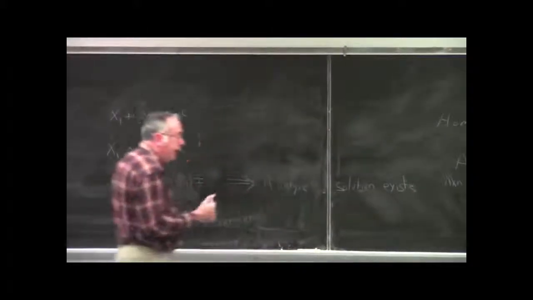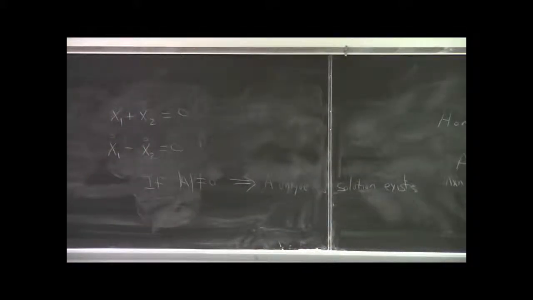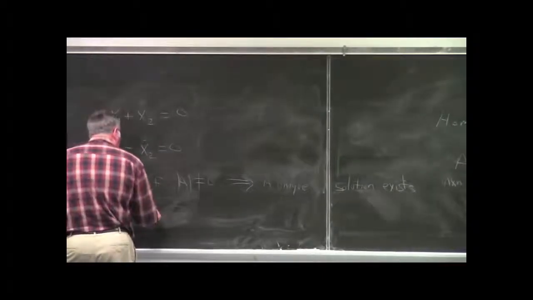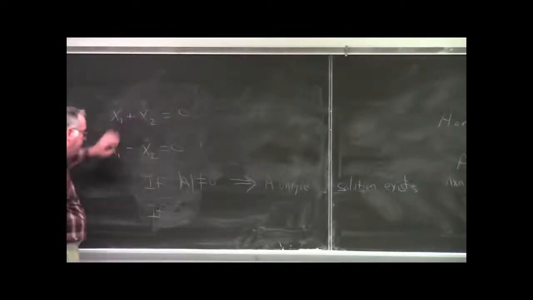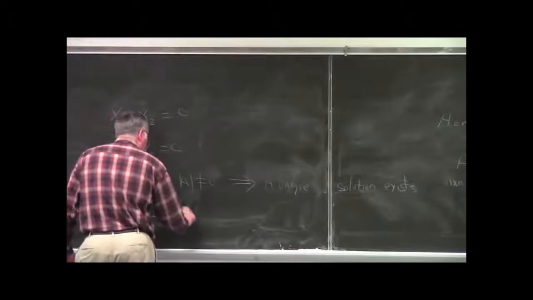Okay. And since we know the trivial solution always works, then it has to be the unique solution. Okay. But what happens if this is true? Now, it wouldn't be true for this case, but for a different case, suppose the determinant of A is 0.